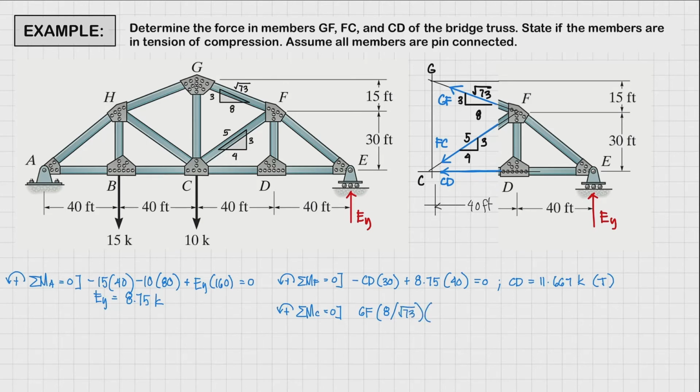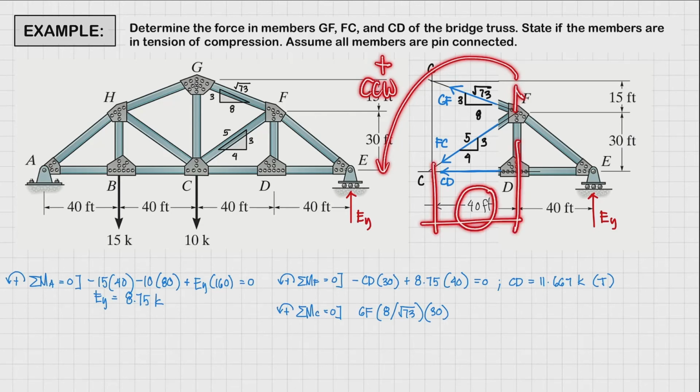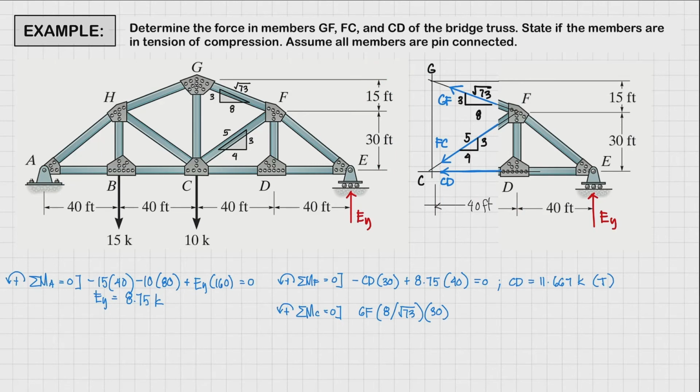Then for the perpendicular distance, that's going to be 30. Next, the vertical component. Again, it's going to rotate in a clockwise direction, so that's going to be positive. And then for the perpendicular distance, it's going to be 40 feet. So we have here positive GF times 3 divided by square root of 73, times 40 feet.